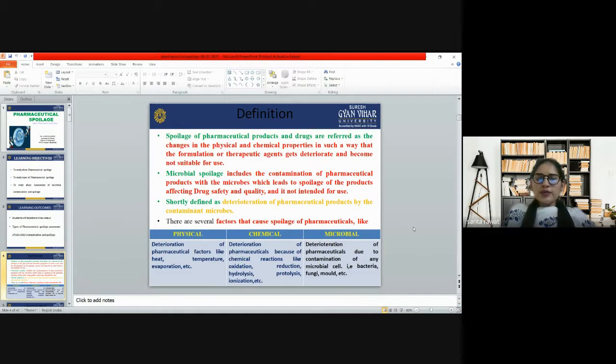In chemical factors, deterioration of the pharmaceutical product occurs because of chemical reactions like oxidation, reduction, hydrolysis, proteolysis, ionization, etc. Talking about microbial contamination or microbial spoilage, it can happen by the deterioration of pharmaceuticals due to the contamination of any microbial cell like bacteria, fungi, molds, etc.